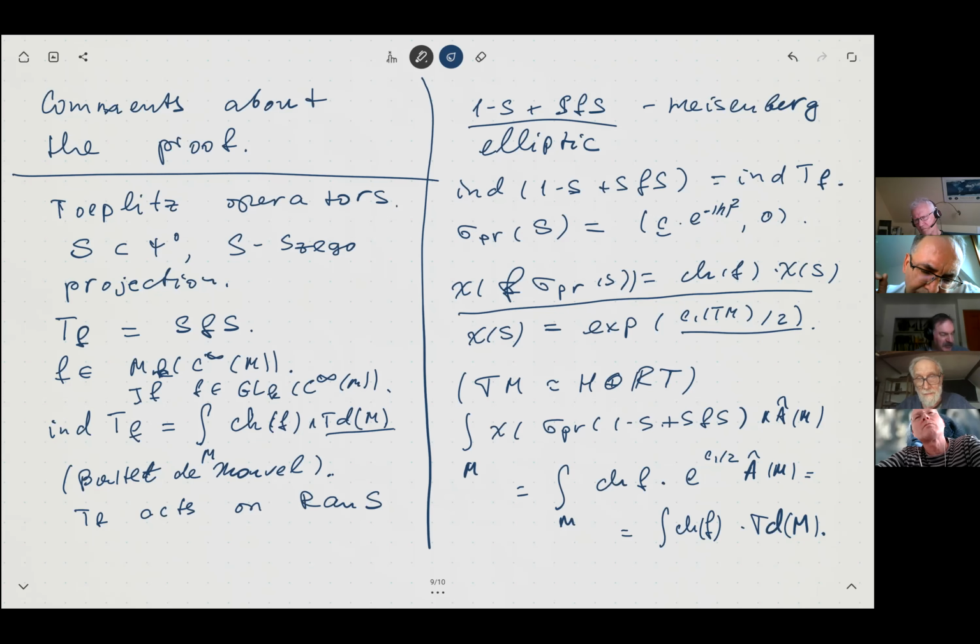But on the level of explicit formulas in cyclic theory, they're not terribly complicated, but not entirely trivial. So in that sense, one depends on the homotopy class and even something slightly coarser than that.